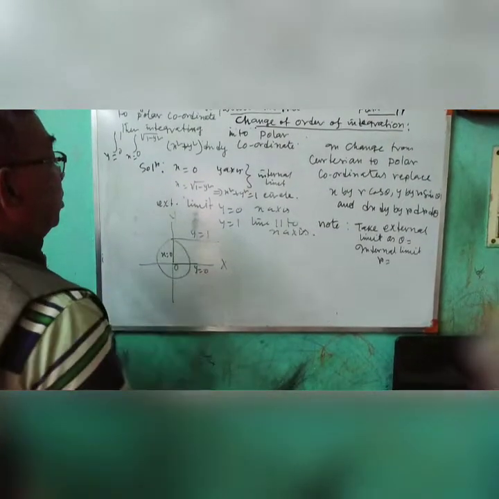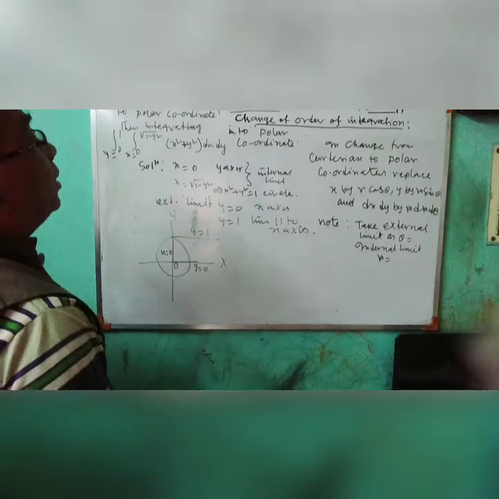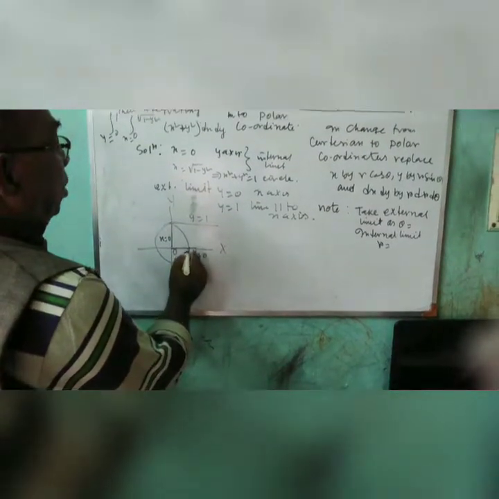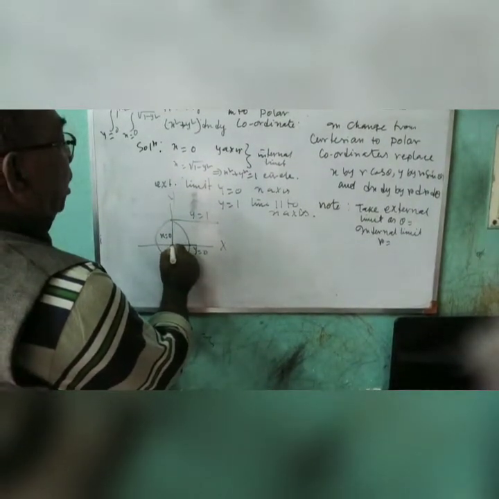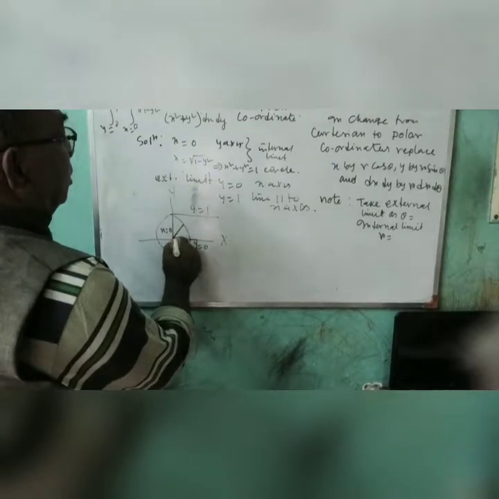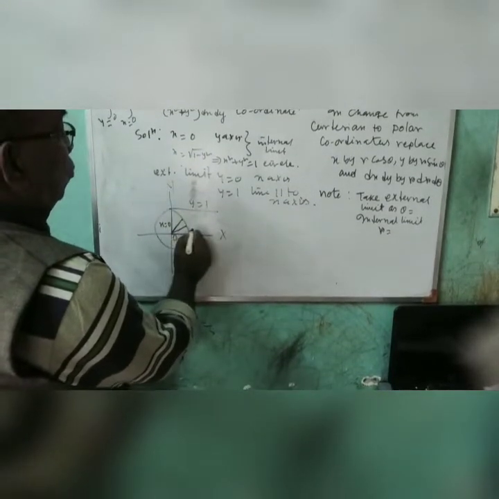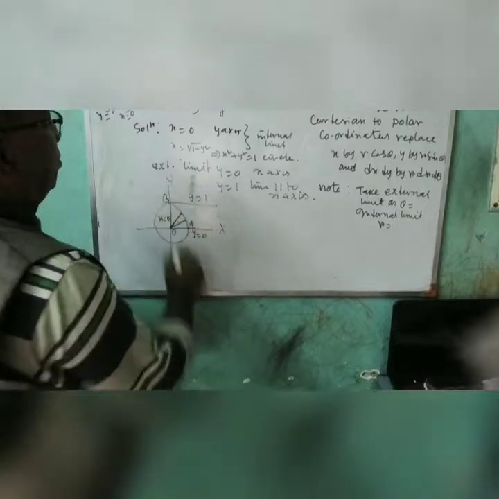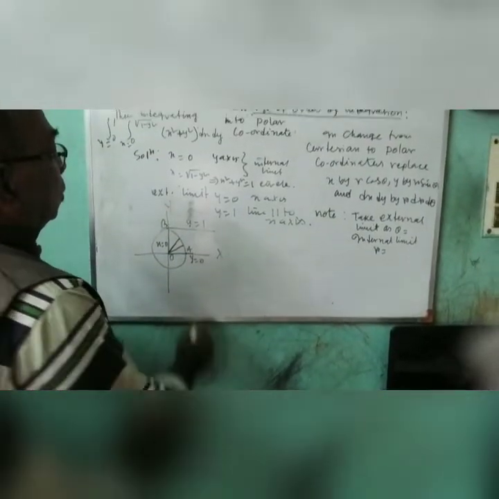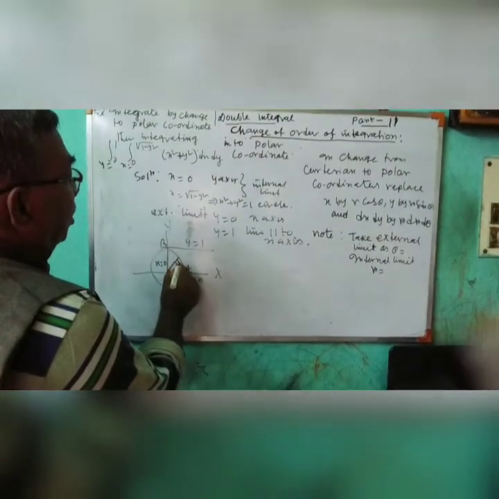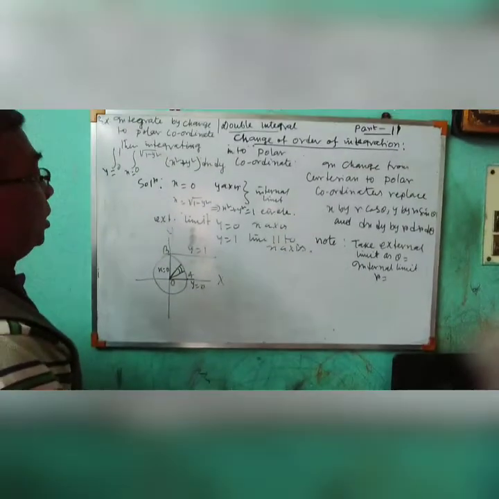This line is x equal to 0. The point here is 1 comma 0, and OAB is the required area. This is our strip.